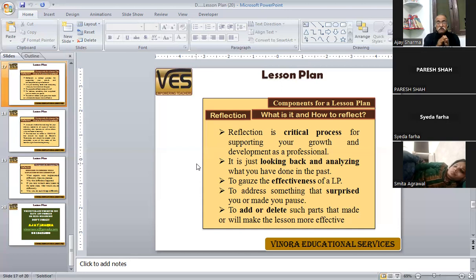All right. Now, to gauge the effectiveness of the lesson plan, you must reflect back, and then you have to address something that surprised you or made you pause. So that means there are certain things which should be added or which should be deleted.